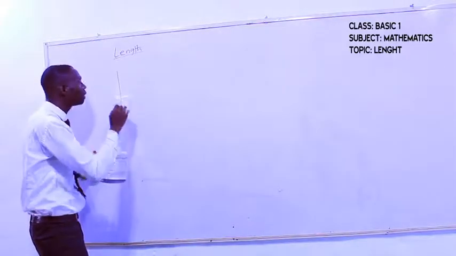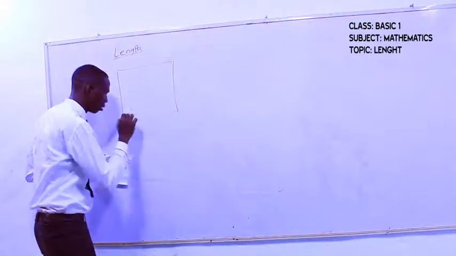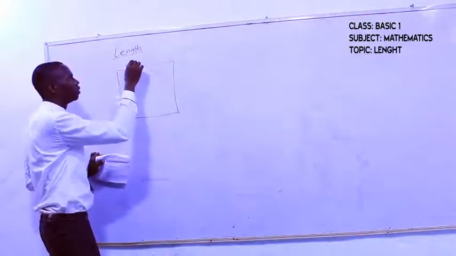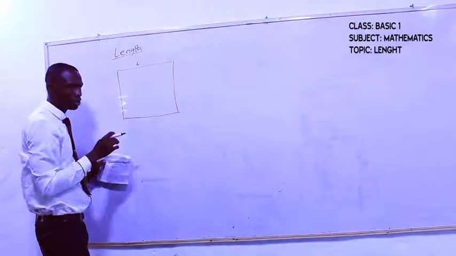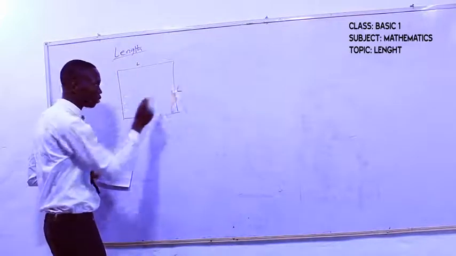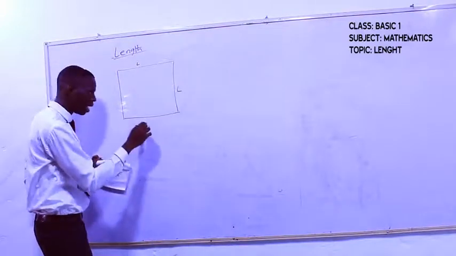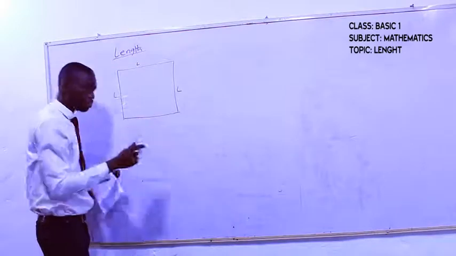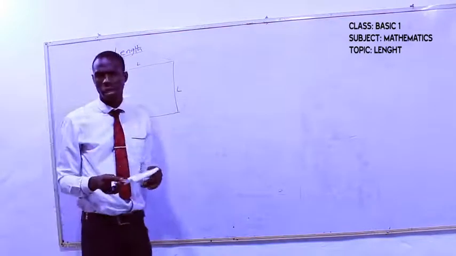If this is an object, this is one of the lengths of this object. This is also length, length, length. That is the measurement of an object. It's length.